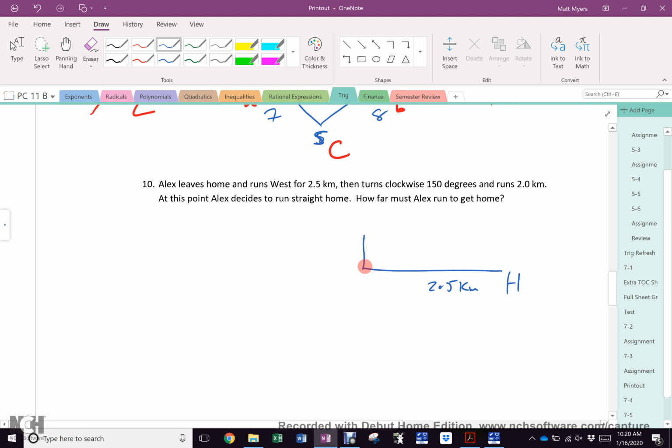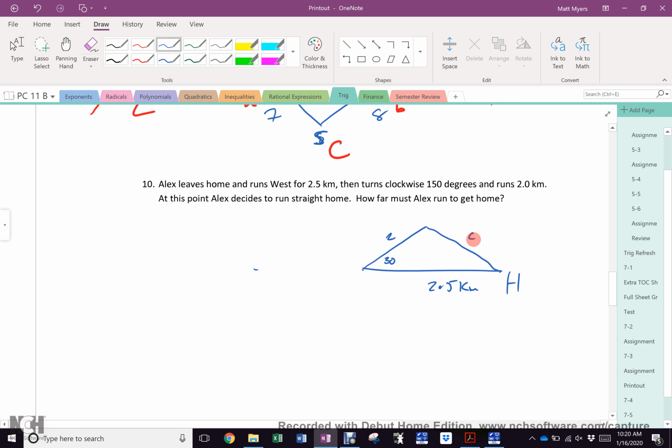So straight up would be a 90-degree turn clockwise, right? But he goes 150. So if he kept going this way, this is the 150. So what's this? 30. Runs 2K and then runs straight home.